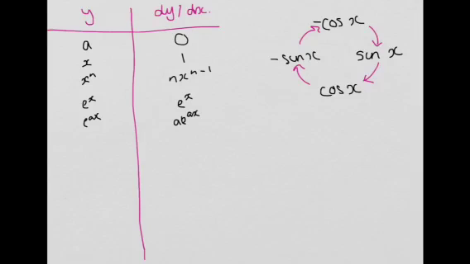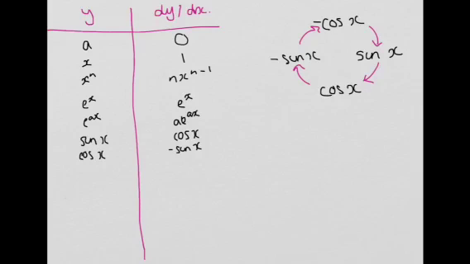So that's my differentiation. What we'll find when we do integration is I'm just going to go the opposite way. So sine becomes cos, cos becomes minus sine, and minus sine becomes minus cos. So I can write those into my table here. So sine x becomes cos x, and cos x becomes minus sine x.